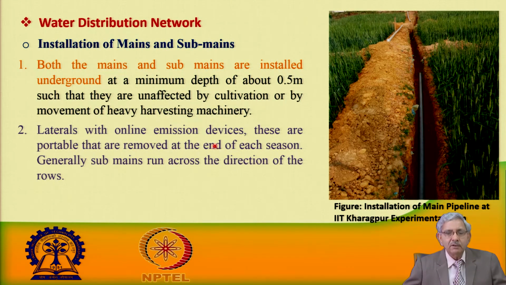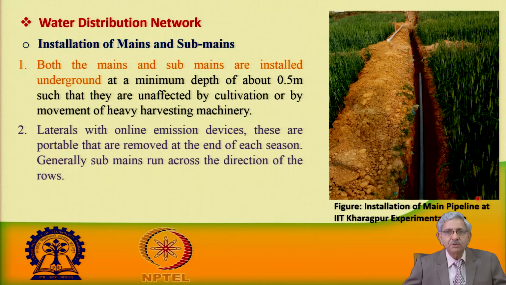So, they are normally kept at about 0.5 meter to 0.6 meter below the ground level, and what you see is that the main pipeline has been laid below the ground level.